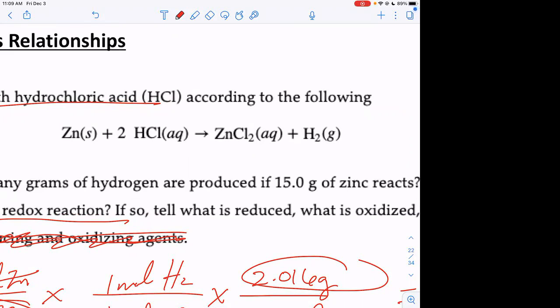So is this like a combination, decomposition, displacement? Single displacement. Yep. This is a metal. This is an ionic compound. So you got your cation and your anion. And look, the metal displaced the hydrogen. So we give this a 0. We give that a 0 because they're by themselves. That's a +1, -1. And this is a +2, -1.